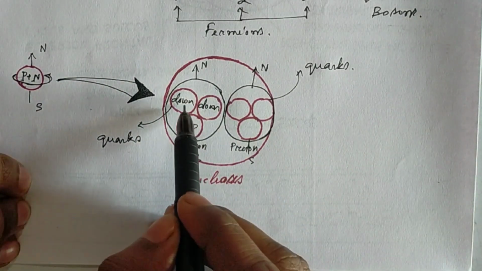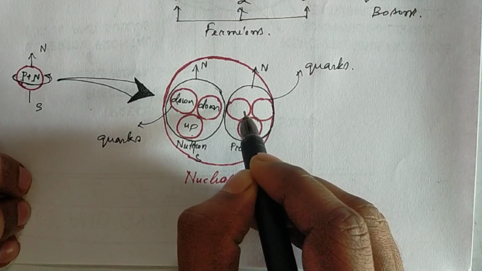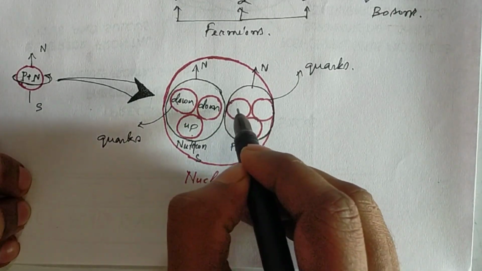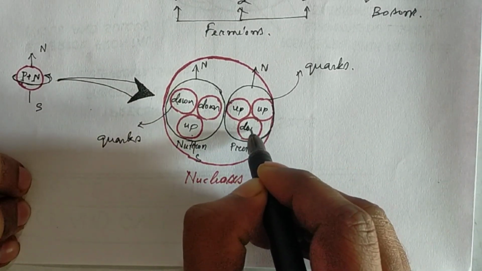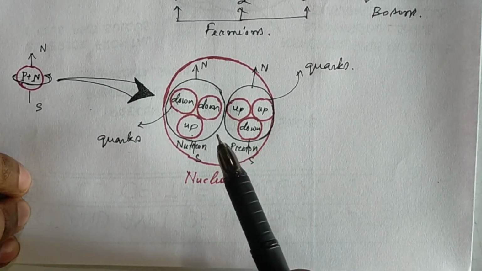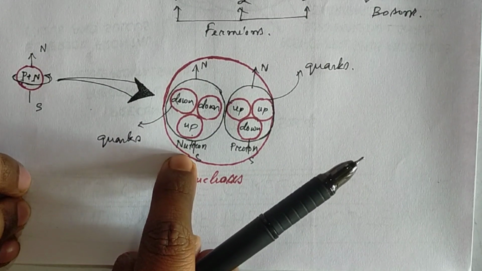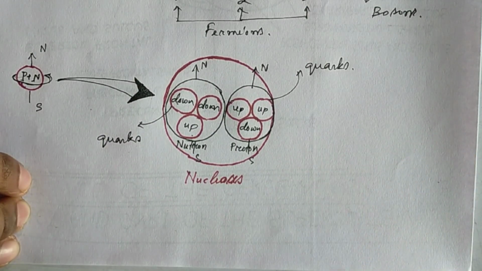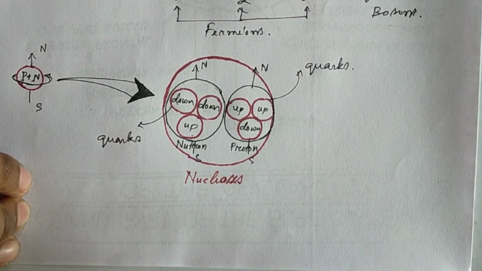These are names of the quarks. This is an up quark, this is an up quark, and this is a down quark. That means you can see there are two down quarks and one up quark in the neutron, and two up quarks and one down quark in the proton.